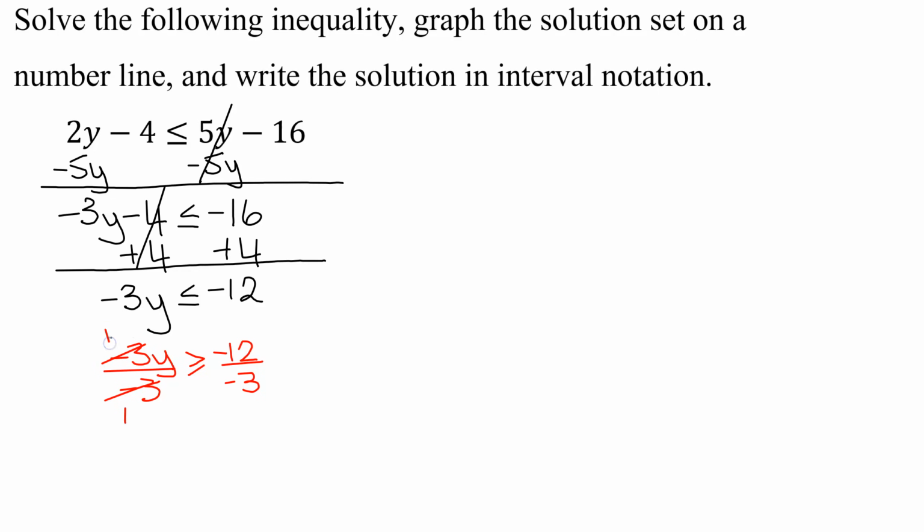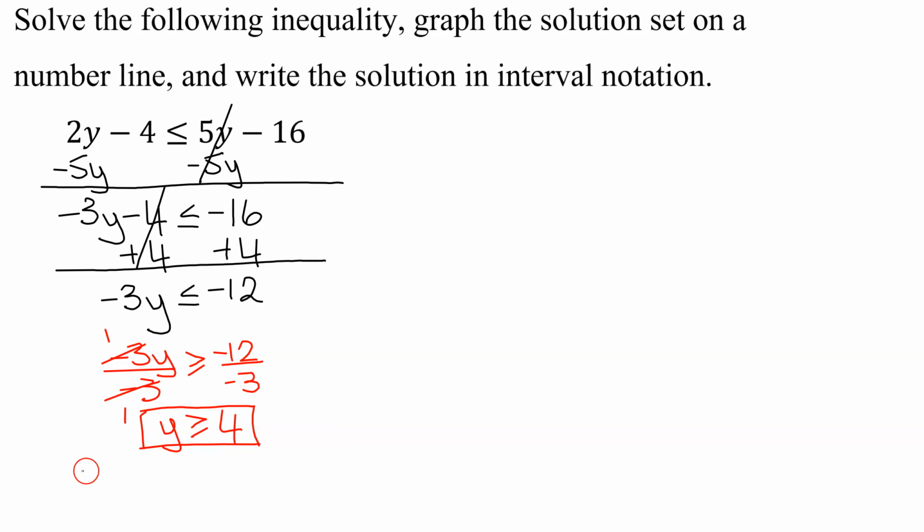These reduce, and on the left-hand side, I get y is greater than or equal to negative divided by negative is a positive, 12 divided by 3 is 4. So I'm going to get y is greater than or equal to 4. So I've solved the inequality.